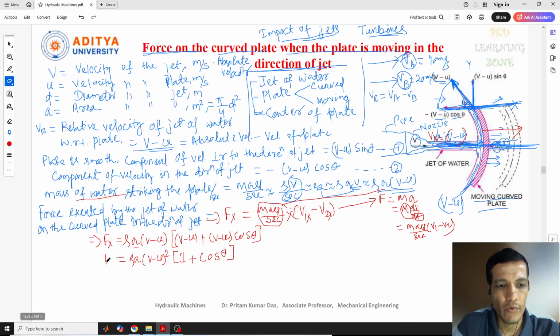So this is the force exerted by the jet of water on the curved plate in the direction of the jet. We can call this equation number 3.